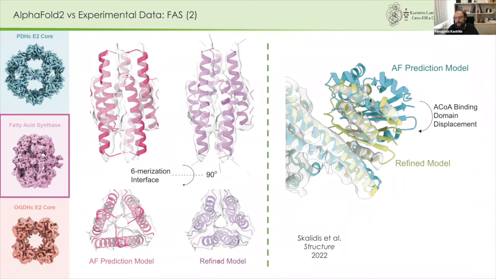Still, it predicted the acetyl-CoA binding domain in the conformation that was crystallographically determined from yeast, and not in the experimentally seen conformation of the endogenous fatty acid synthase from our native cell extracts.